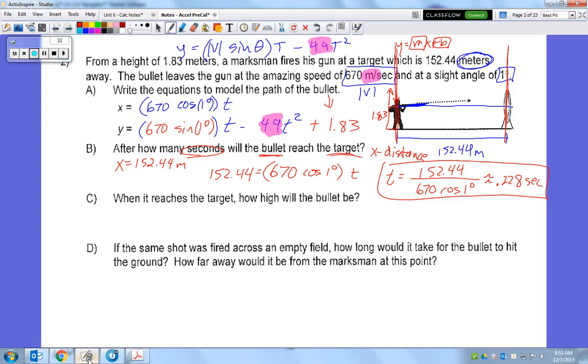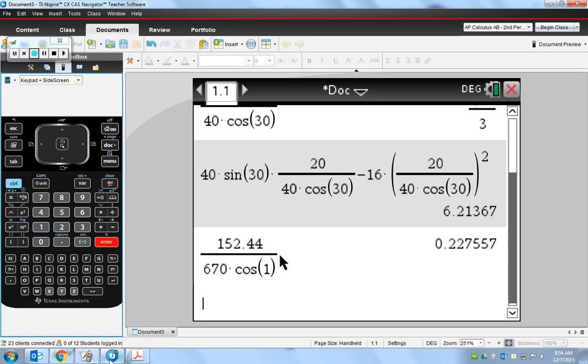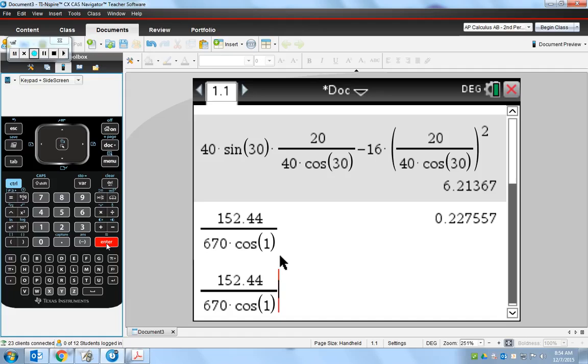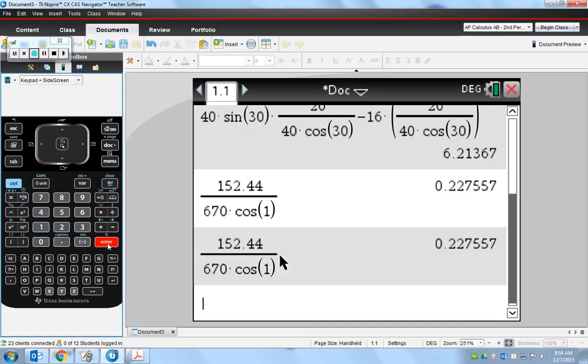So again, I know that t is now that 0.228, but I'm not going to use my rounded answer. I'm going to use the exact answer, which if I go back to the calculator, it's this right here, okay? If I press enter, in this case, it didn't give me a √3/3 or anything like that. So if I wanted to use a decimal equivalent, you see this has 6 decimal places.